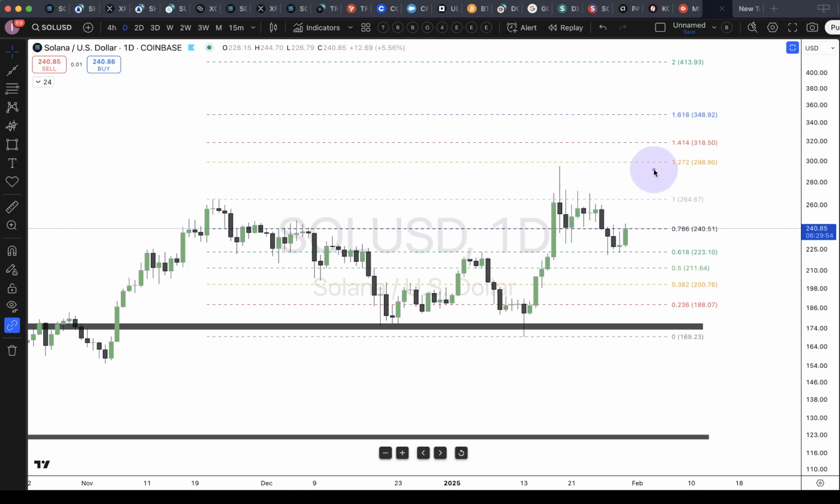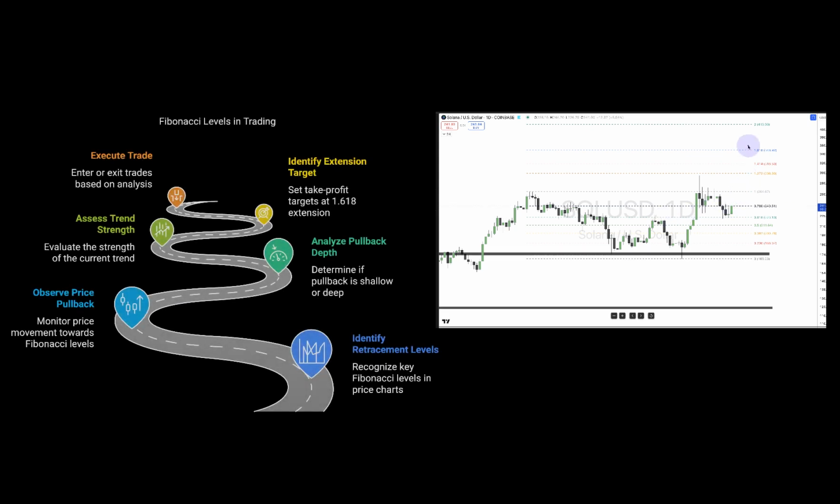right? So what I'm now doing is I would probably leave these fibs, okay? And typically price action will find the 1.618. That's an extension level. When you get down to these levels, the 0.618, not the 1.618, but the 0.618 or the 0.786, these are retracement levels. And these, by the way, just work like absolute clockwork.